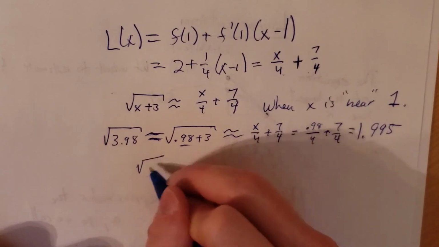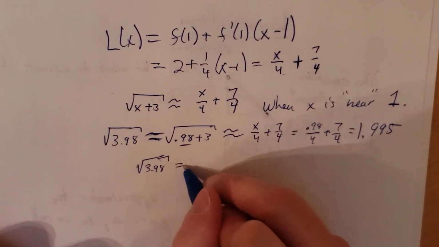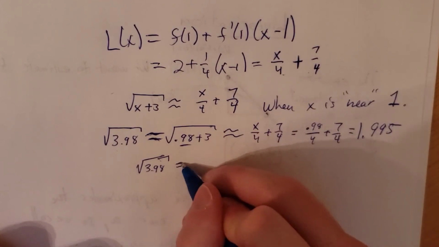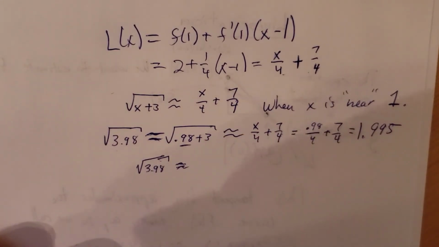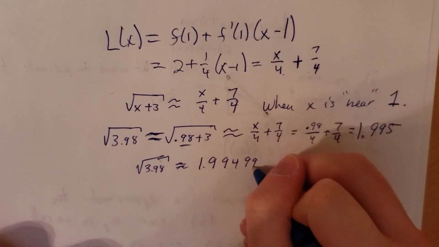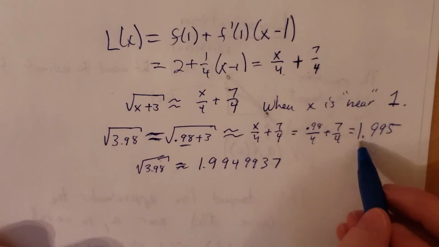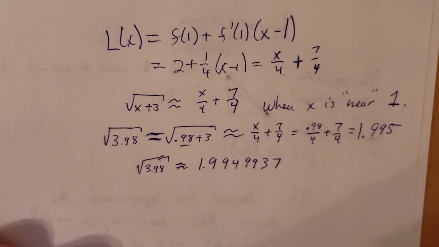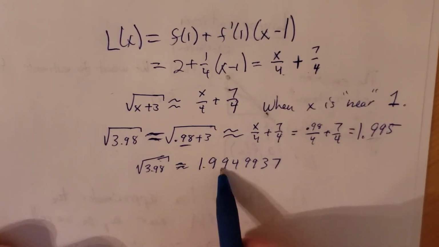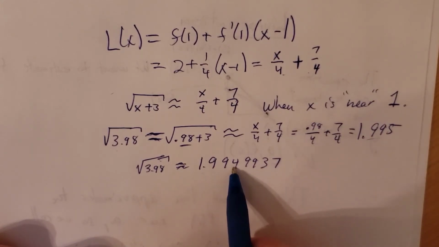Well, what is the actual result to this? If you plug that into your calculator, you see that this is approximately 1.99499937. So we see that we got ridiculously close here. In fact, tenths, hundredths, thousandths, ten thousandths, hundred thousandths, right?